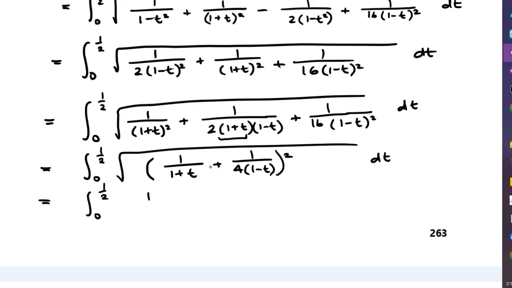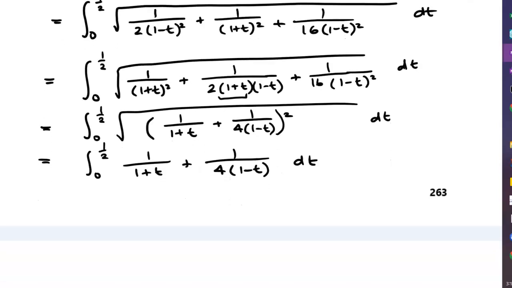So we get rid of that square root, 1 over 1 plus t, and then 1 over 4, 1 plus t, 1 minus t, dt. Now we can actually evaluate this. Whew, we're nearly there. So this one is just going to be log base e of the magnitude of 1 plus t. And then we're going to have, because we've got 1 minus t in there, minus 1 over 4 log base e of 1 minus t.